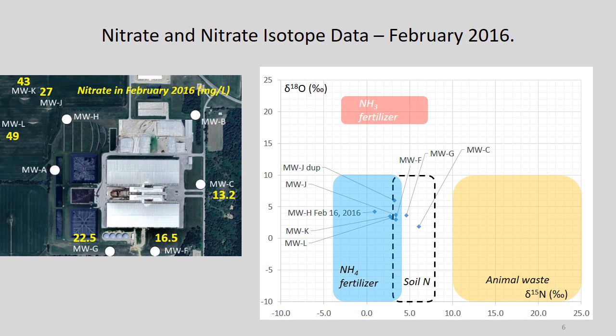That's the area that we saw before when we talked about methods. This area here would indicate animal waste, and we just don't see that. So this well, MWJ, for example, which has 27 milligrams per liter nitrate, that's from fertilizer and natural soil, and not from animal waste.